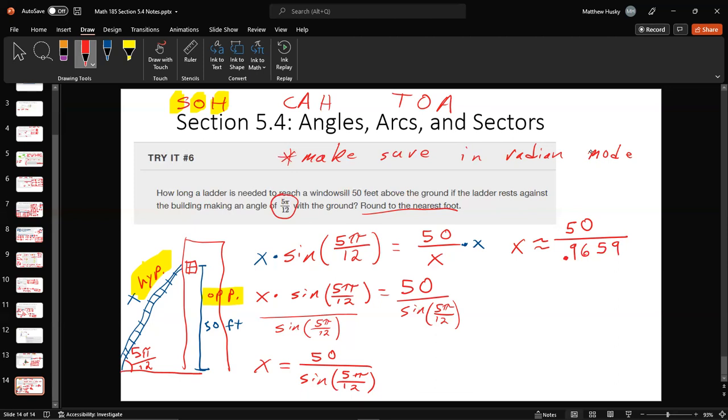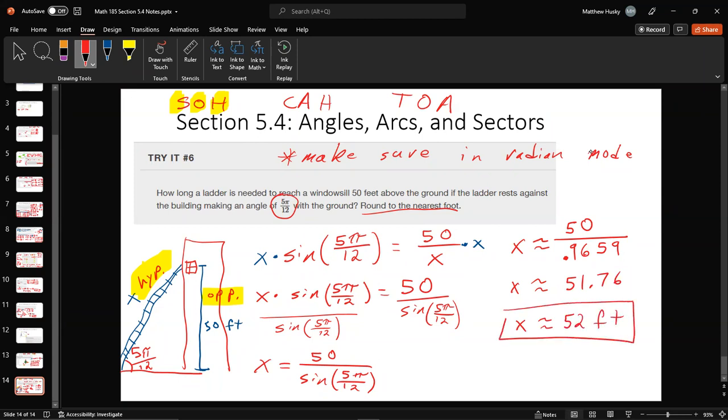So then we're going to do 50 divided by that number we just got. So x is going to approximately be 51.76. And then since they say round to the nearest foot, we're basically going to say it's roughly 52 feet.